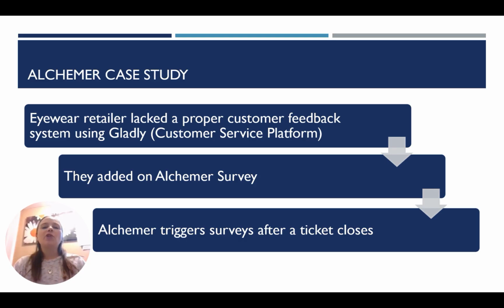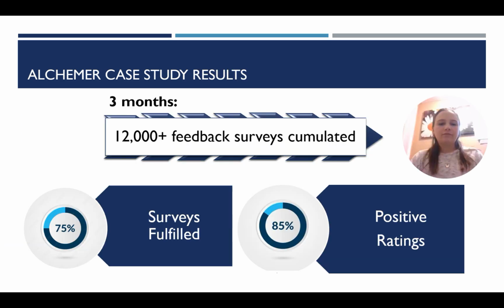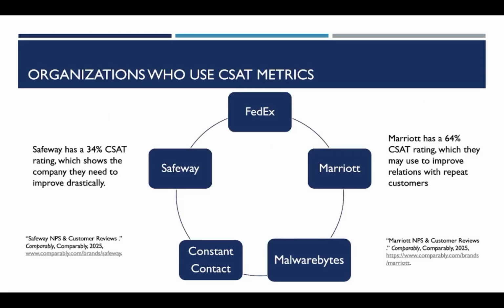The company integrated Alchemer and they could finally trigger surveys right after every customer experience. Three months with Alchemer delivered over 12,000 customer surveys. Three-quarters of all their customers filled out a survey. As you can see, 15% of all those were negative, so now the company was able to measure strengths and weaknesses with support interactions in the results.